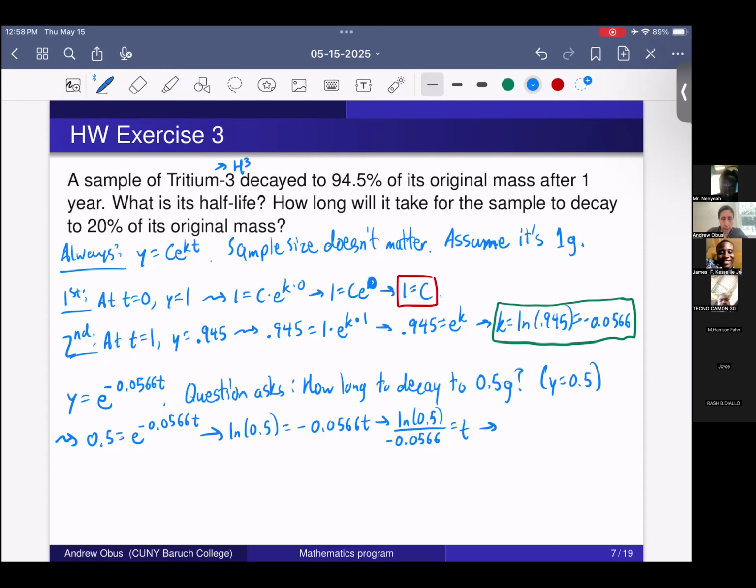This tells us that t is equal to about 12.25 years.